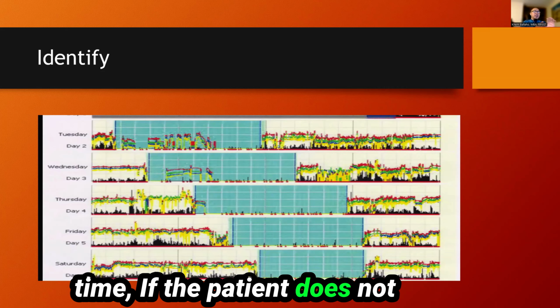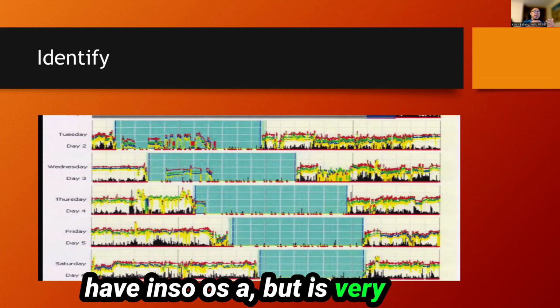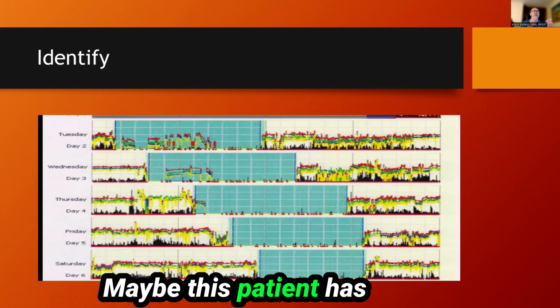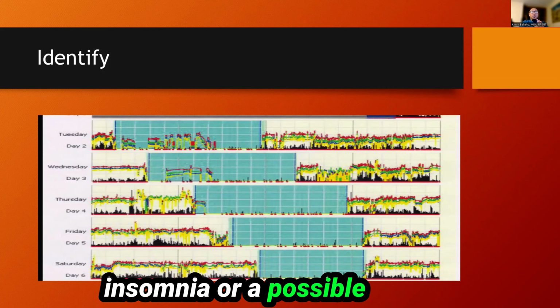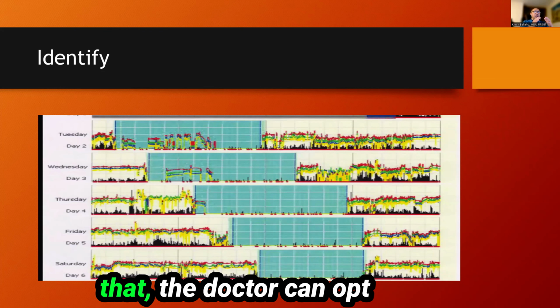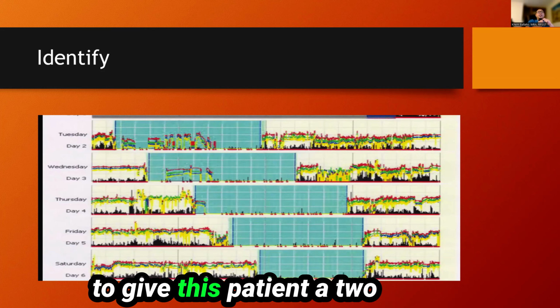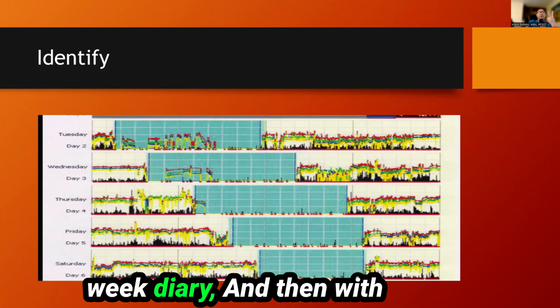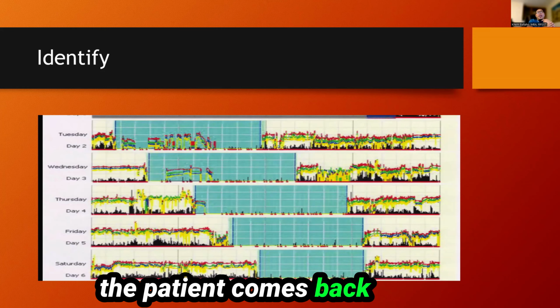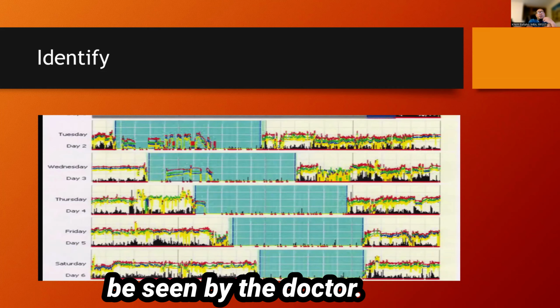If the patient does not have OSA but is very sleepy, very symptomatic, they'll look into insomnia. Maybe this patient has insomnia, or possible EDS, excessive daytime sleepiness, or possible narcolepsy. When the patients have that, the doctor can opt to give this patient a 2-week diary along with an actigraphy. When the patient comes back 2 weeks later, they'll be seen by the doctor.